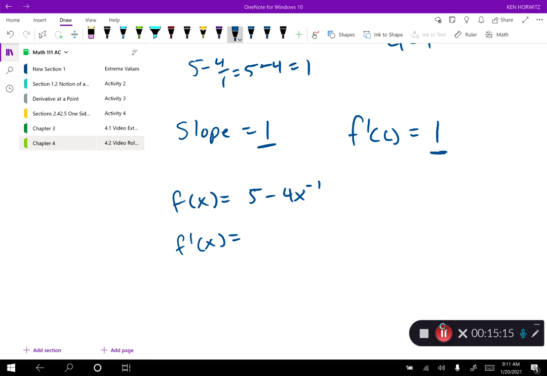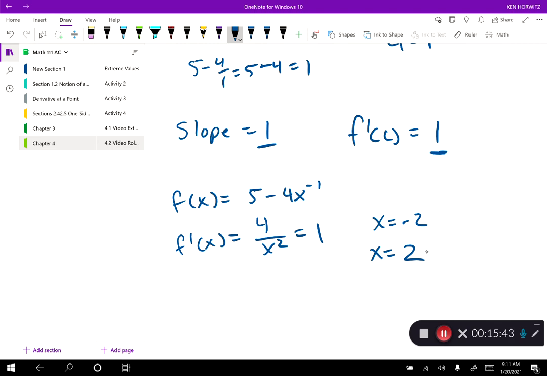All right, so if you use the power rule and then simplify, I got 4 over x squared, and we know that equals 1. Now the question is, what value of x could I put in there to make it equal 1? Well, just by looking at it, I can say x could equal -2 or x could equal 2. Now the question is, do we have two answers, like we had multiple answers for the last one?